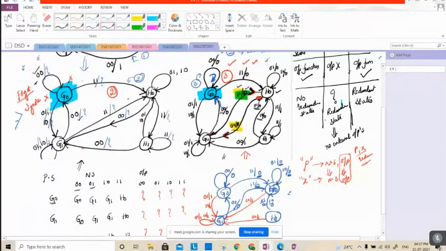Now towards H1, what are the lines which are coming towards H1? This is one particular line which is 1, 1 by 1, and this is another line which is 1 by 1. Now, see this. This is 0, and this is also 0.